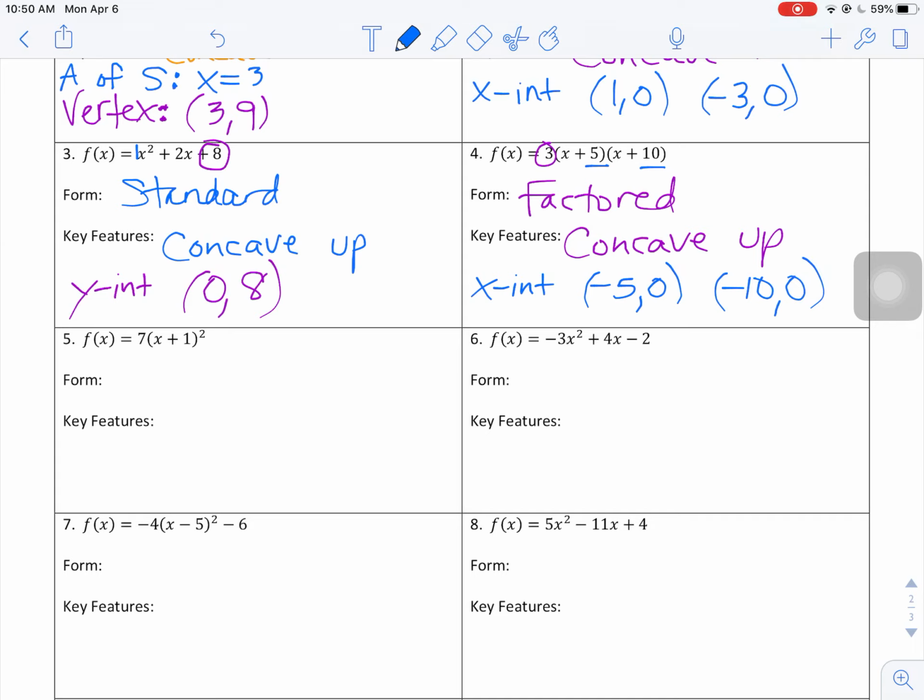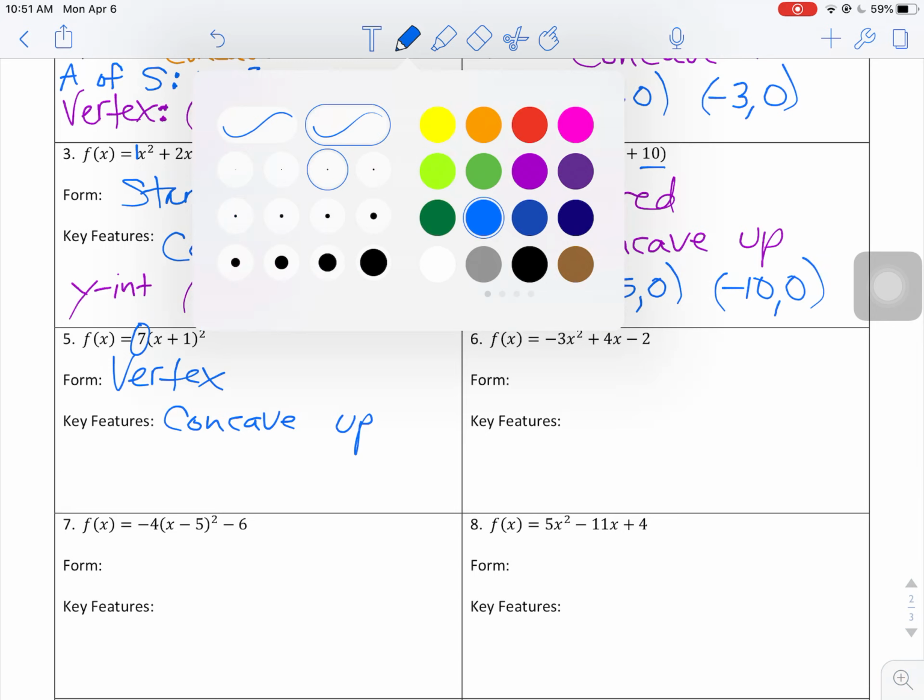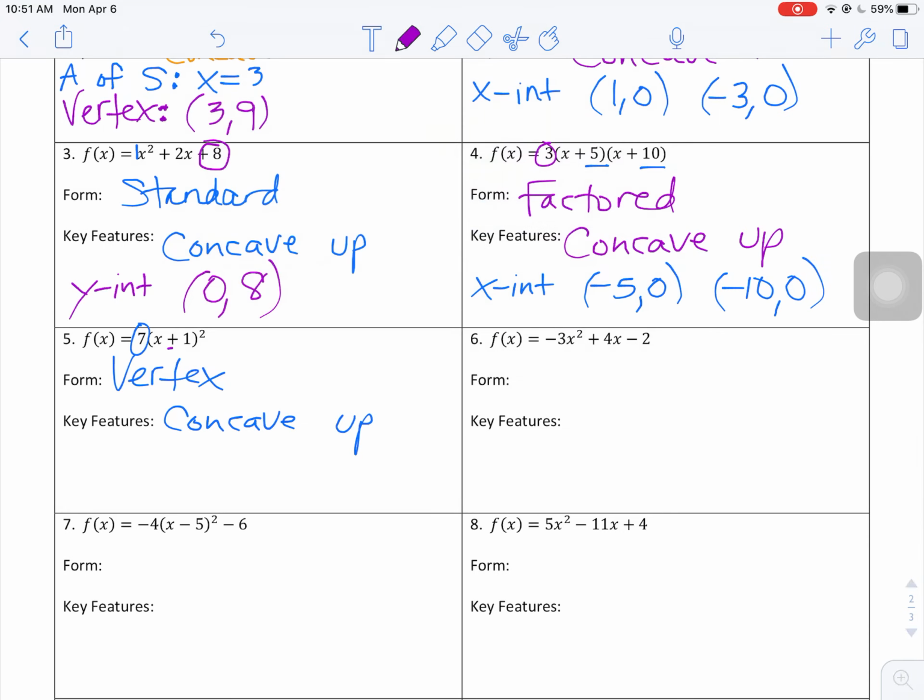On 5, it's one set of parentheses being squared, so that's going to be vertex form. Concave up because of the positive a value of 7. And then axis of symmetry is x equals whatever the x corner of the vertex is.